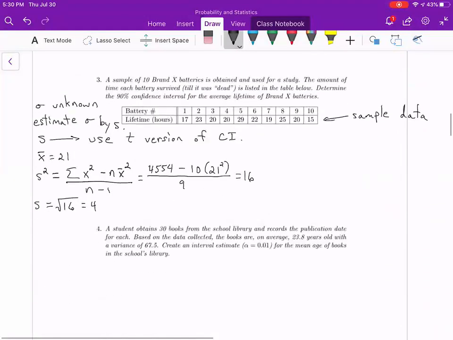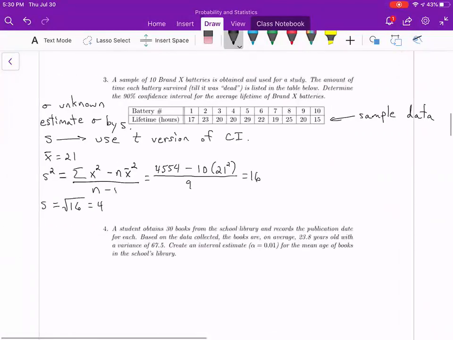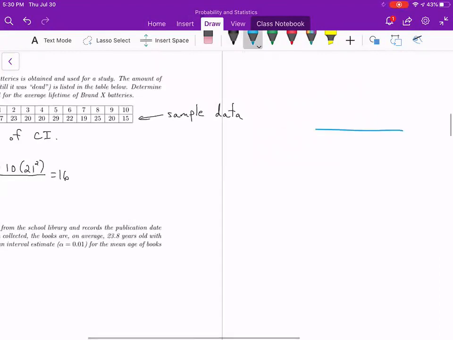So the thought process to get at that is identical to what we did with problem 1, even though it's a different table. We want a 90% confidence interval here. So I tend to do a sketch of a bell-shaped distribution centered about 0. I put all of the confidence level, 0.90, in the middle.